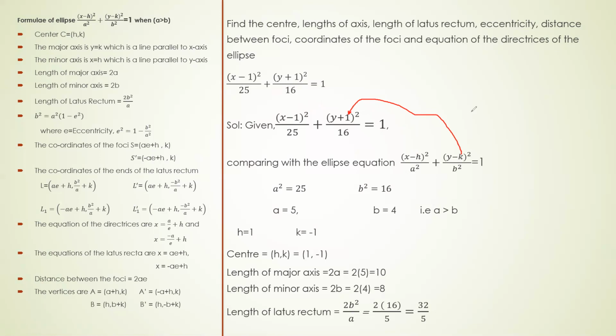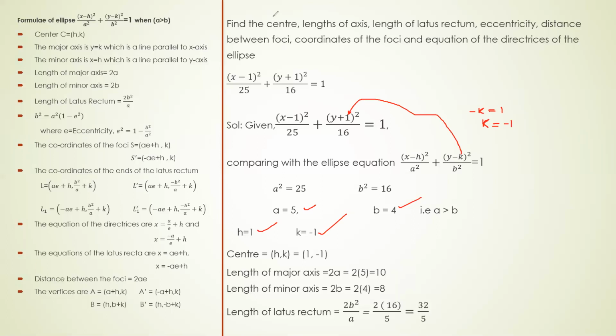So what we can say is minus k is equal to 1, so k value will be equal to minus 1. So we have calculated k value, we have calculated h value, we have got a value, we have got b value. Now just substitute in the formulas and you can calculate the terms which have been asked.